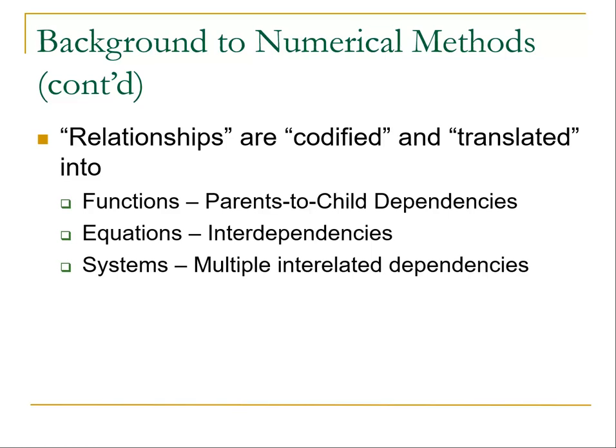A function looks at dependency, but the equation looks at interdependency. It's not saying one is more than the other. Then you have systems. Systems are multiple functions or multiple equations. So there are multiple dependencies going on, which causes the whole system to operate. So there's no one expression that defines the whole system. You can have several expressions. But this system is still a relationship.